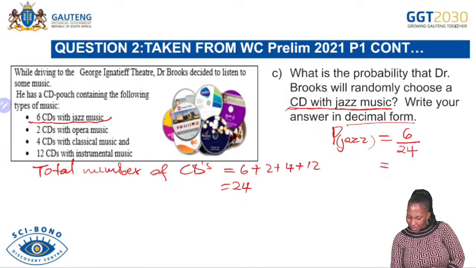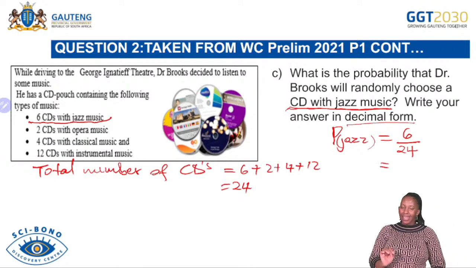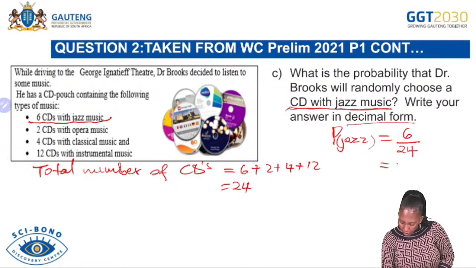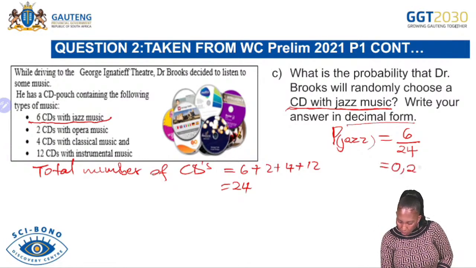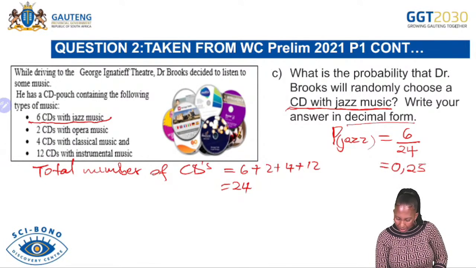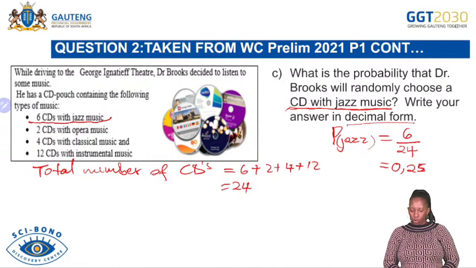And then they said we must write our answer in a decimal form. So now if I write my answer, it will be 6 divided by 24 in a decimal. You use your calculator, and then I get my answer to be 0.25. Because they said I must write my answer as a decimal. So it will be 0.25.